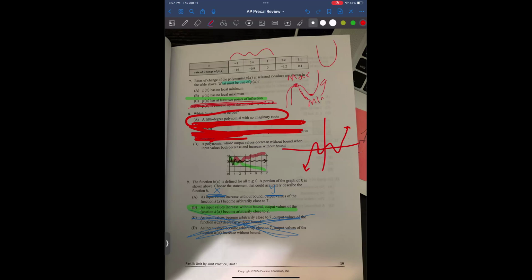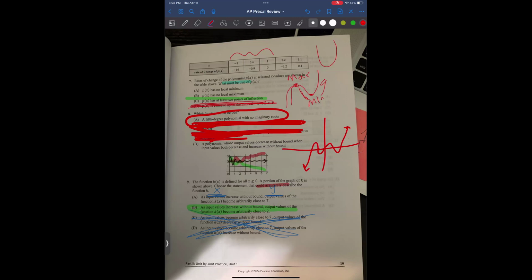But I can't see that from this little snippet that they give me, right? I have to pick the answer that could accurately describe the function. Given that I'm trying to describe the entire function based on this itty bitty section, the option that makes the most sense is that my graph is going to approach 2.